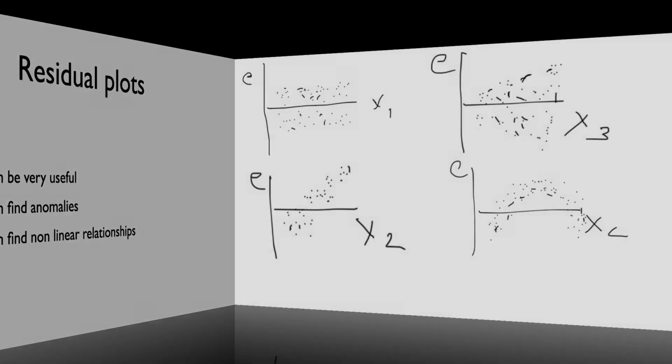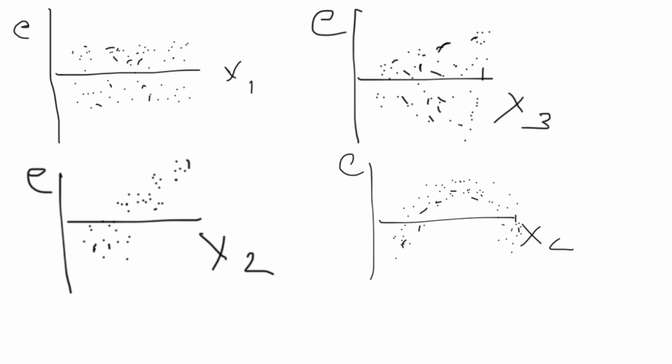Nonlinear relationships, you're probably going to have to drop that variable. Like, okay, here's, I think, in fact, these are the same things I posted in our study group. This one here looks fine for x1, right? This one here for x3, as x3 gets bigger, the residuals get bigger. They should not be related at all, those two things. That's no good.